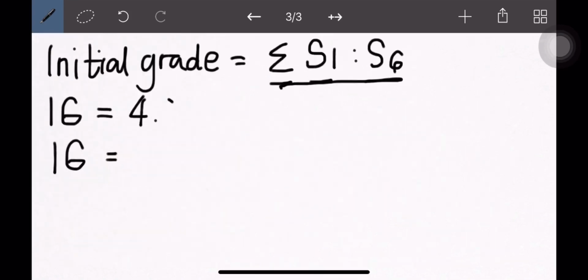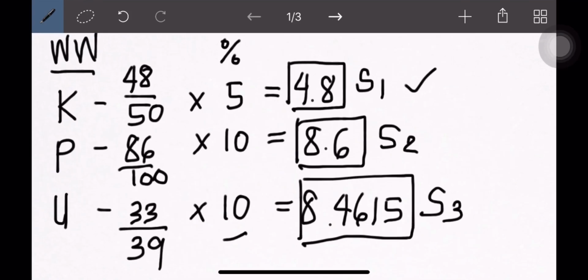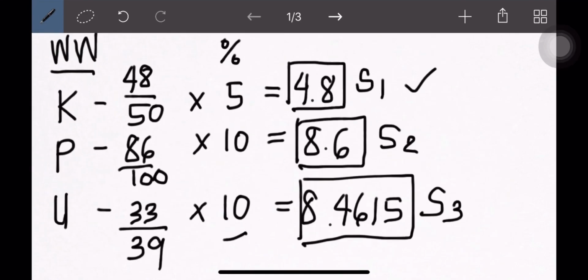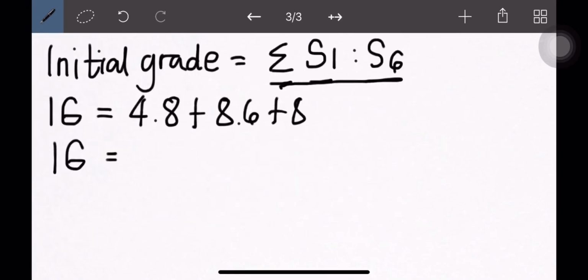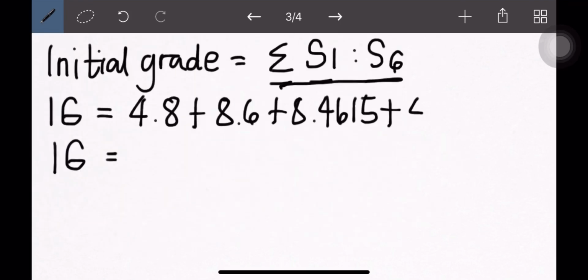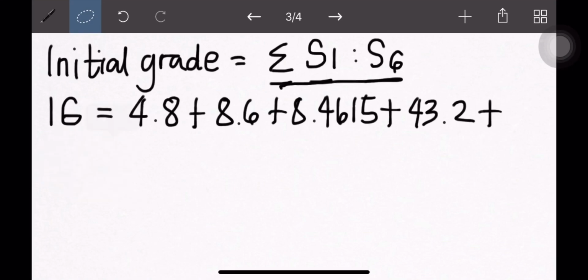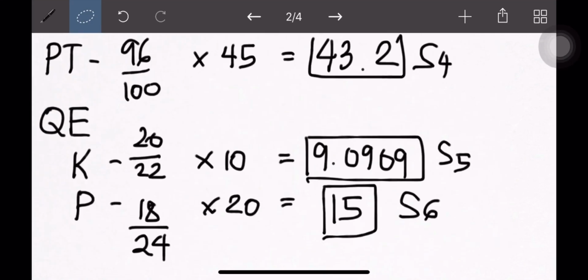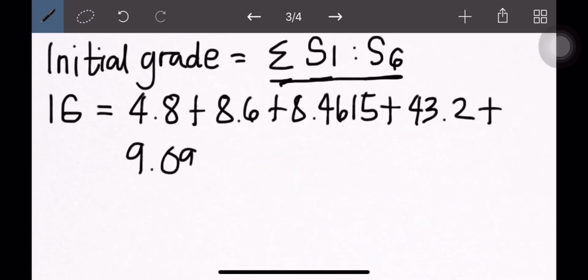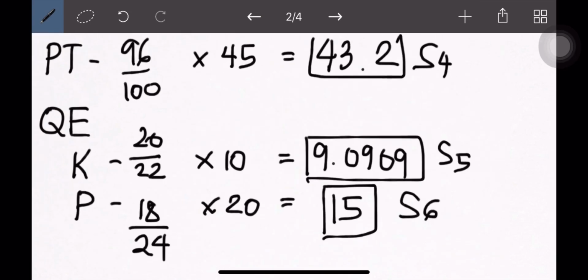So we're gonna put 4.8 plus 8.6 plus 8.4615, then plus the PT 43.2, plus the quarter exams 9.0909 and the process quarter exam is 15.